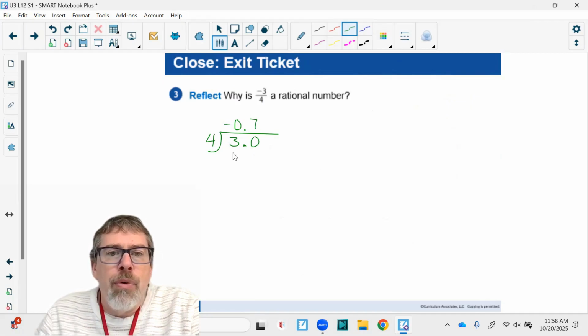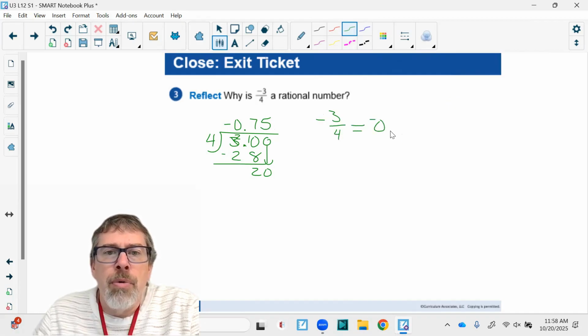And 7 times 4 is 28. And that becomes 2. 10 minus 8 is 2. I need another 0. Bring that down. And 4 will go into 25 times. So negative 3 divided by 4 is equivalent to negative 0.75.